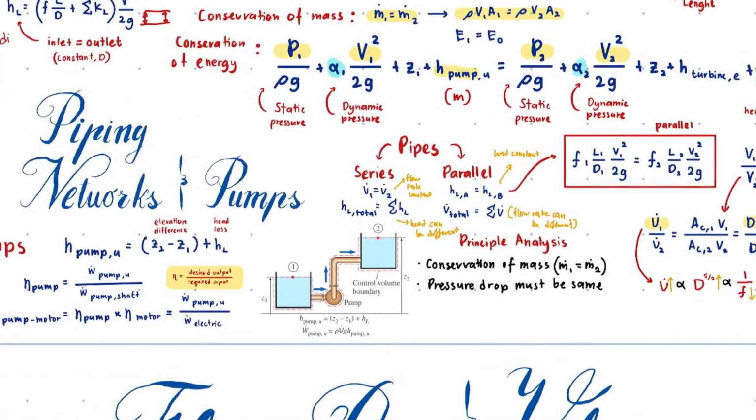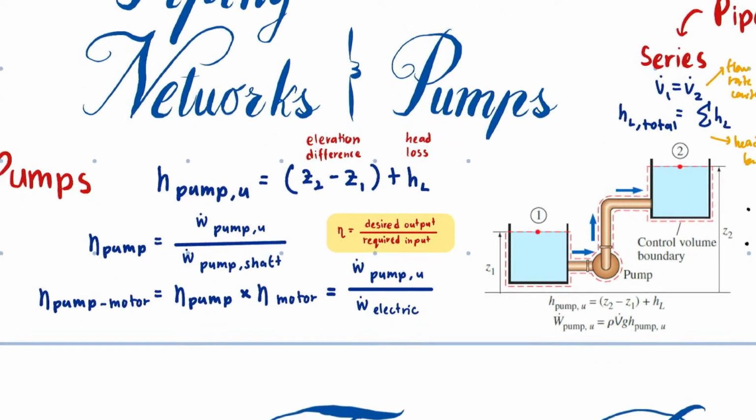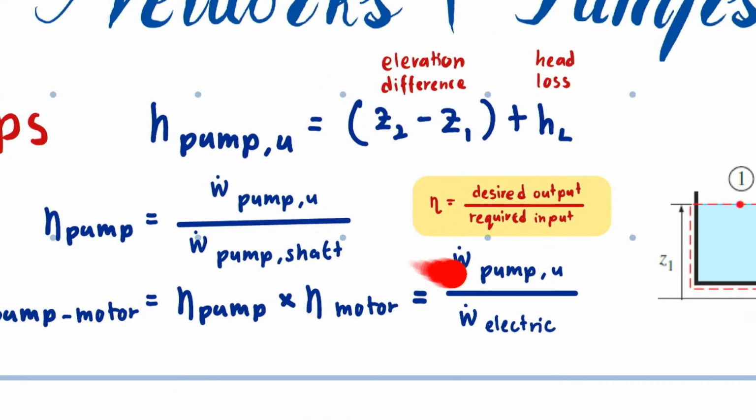So piping networks: H pump, the head of the pump, equals the elevation difference plus H loss. Dr. Chu always talks about efficiency, desired output over required input.